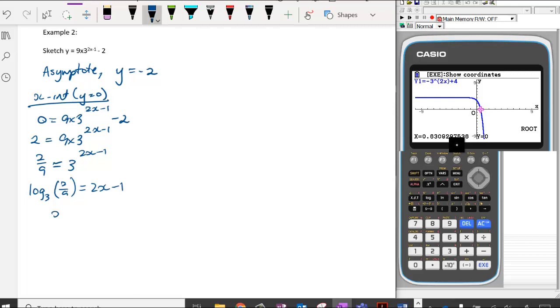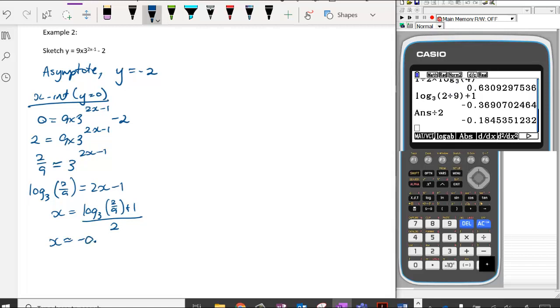Add 1, divide by 2, and we've got x is (log base 3 of 2/9, plus 1) over 2. So x will be approximately negative 0.185. So we have an x-intercept at (negative 0.18, 0).